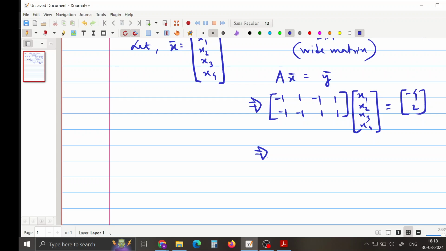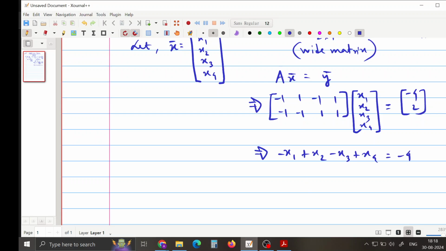So if I form the equations, the first equation would be, I'll take the inner product of the first row of A and the only column of x. So I'll get x1 minus x2 plus x3 minus x4 is equal to minus 4. That's my first equation.